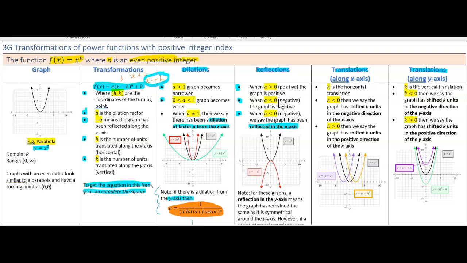Now you could have a reflection in the y-axis, but because you're graphing to an even power, it doesn't make any difference. If you had multiple transformations, that's when reflections do count. So if we shifted our y equals x squared along 5, so its turning point was now at 5, 0, and then you reflected it, that turning point would become negative 5, 0.